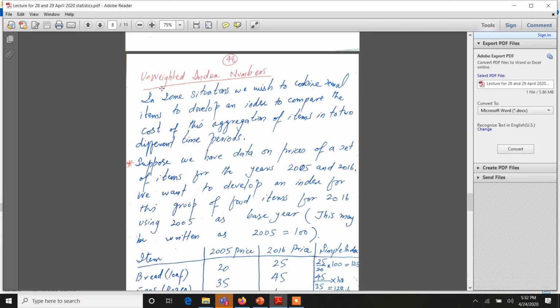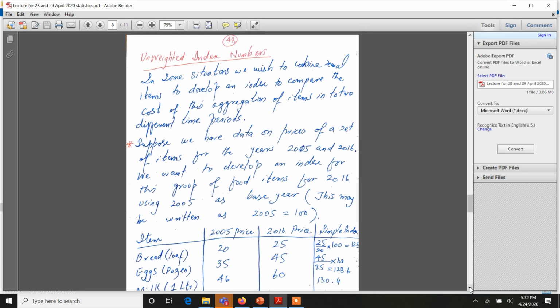Unweighted index numbers are simple, in that we are only using the data on the price of a commodity and we are not concerned about the quantity consumed.